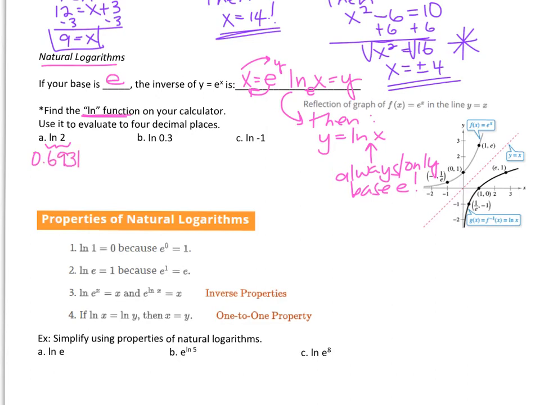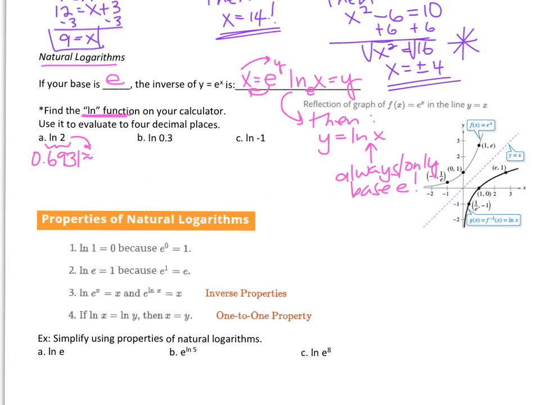That's approximately, I'll put a squiggly equals in there. Approximately 0.6931.